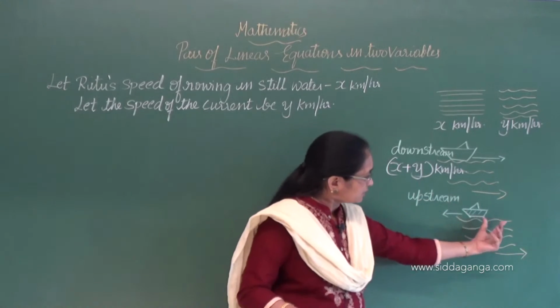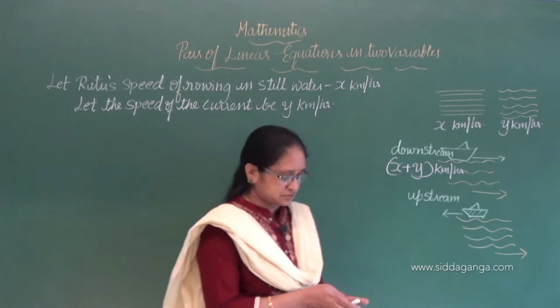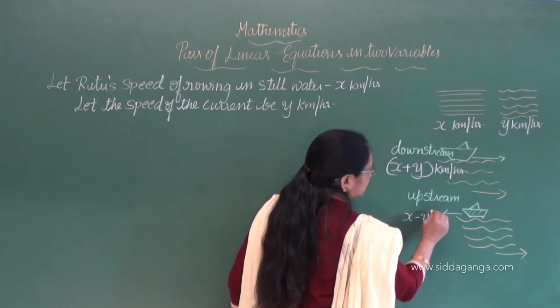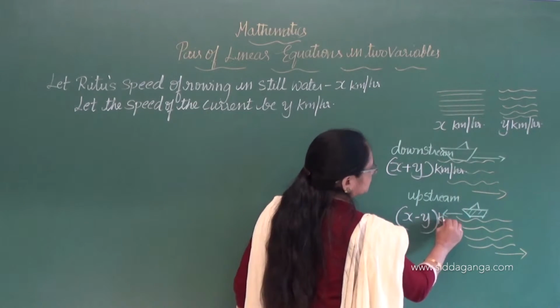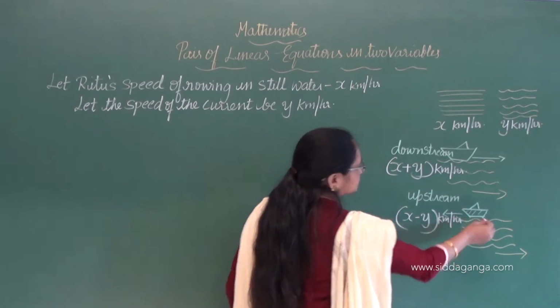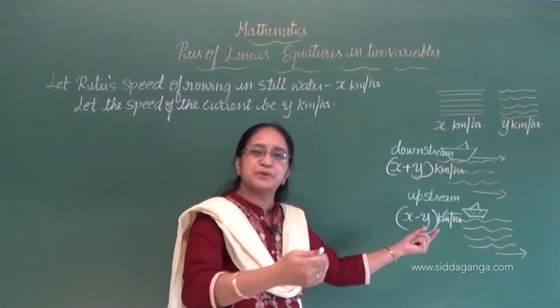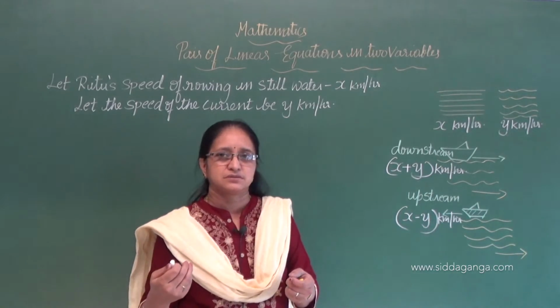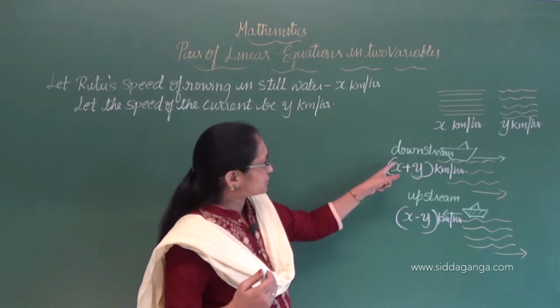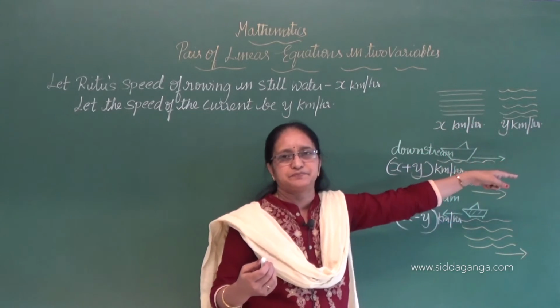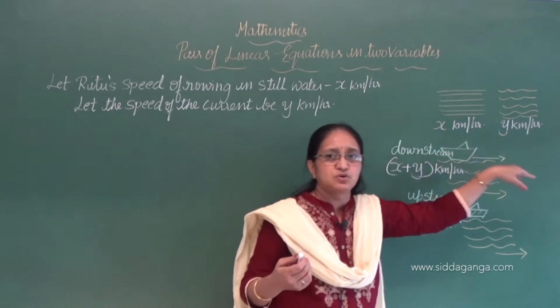When it is in the opposite direction, what will happen to the speed? Then it will be subtracted, because I told you it is moving against the direction. So definitely her speed will be less. I hope you understood this. When it is moving along the flow of water, the speed will add up, so she can row fast.